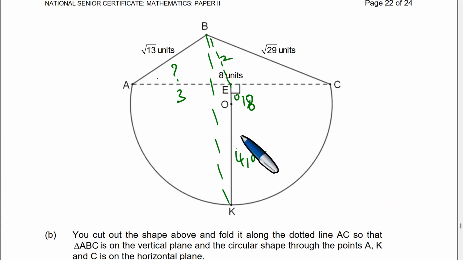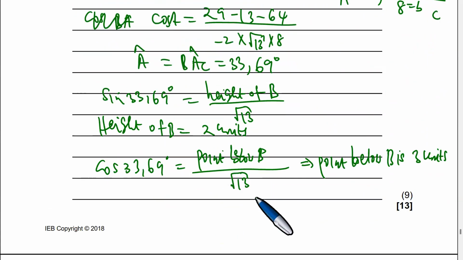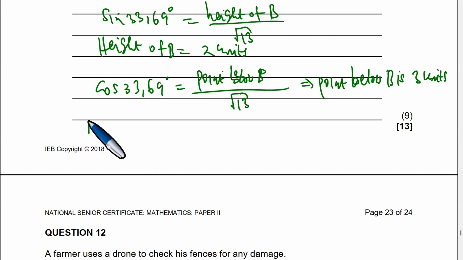So you add these two. So in other words, we're interested in finding the distance. Let me write that one down. The distance from K to a new point.